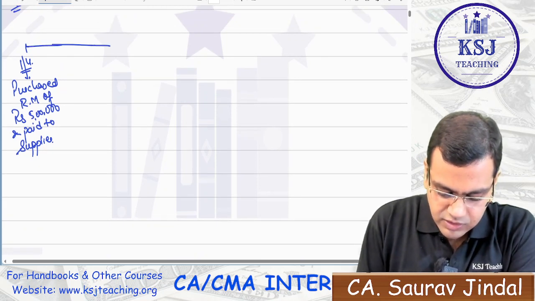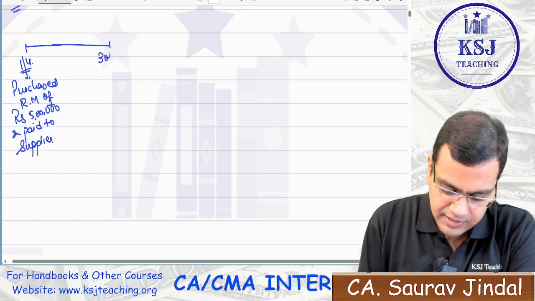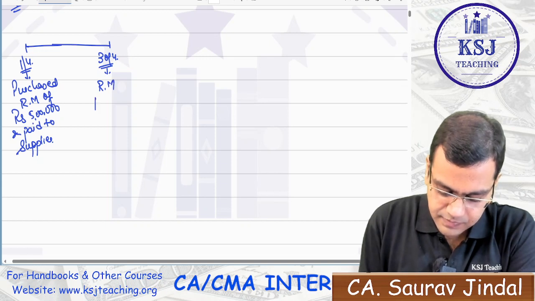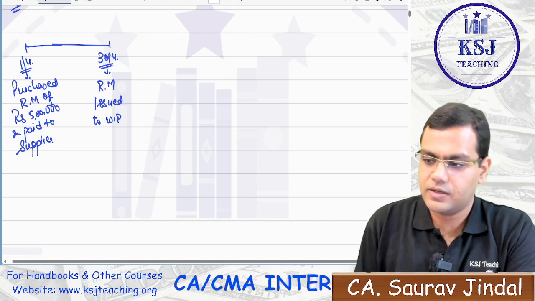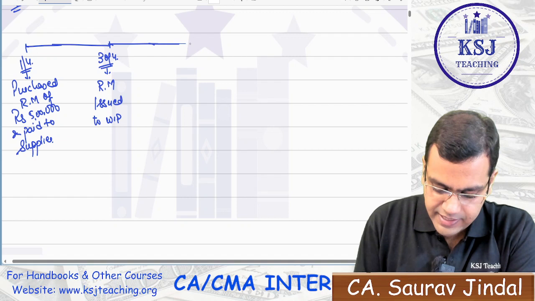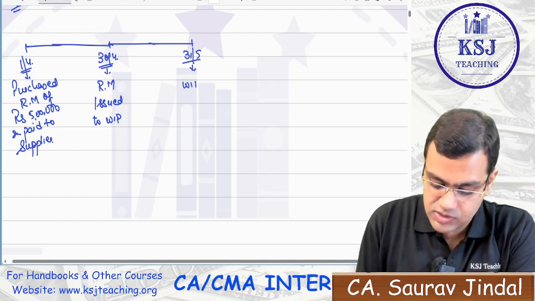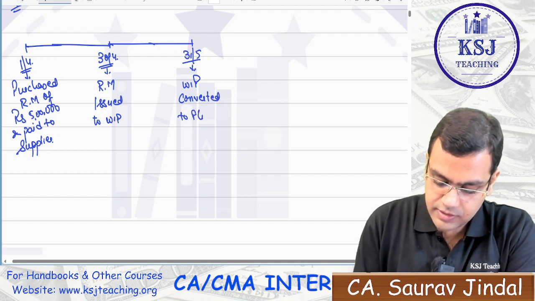After that, the goods arrived in your godown. It is lying in your store. On 30th of April, raw material issued to WIP, right? So on 30th of April, this raw material has been issued to WIP. Next, for the next 1 month, it was in the process. On 31st of May, this WIP converted to finished goods, right?